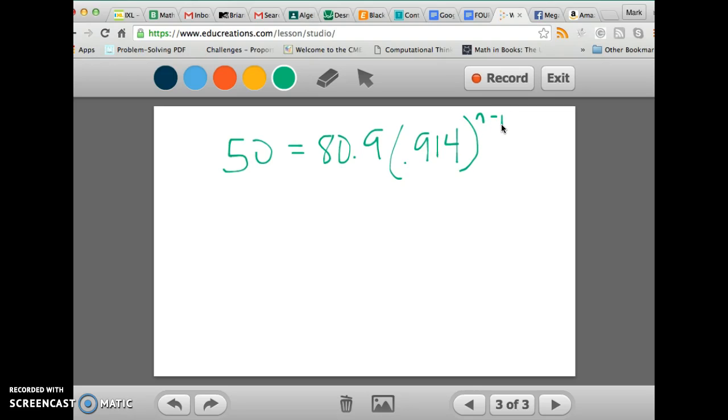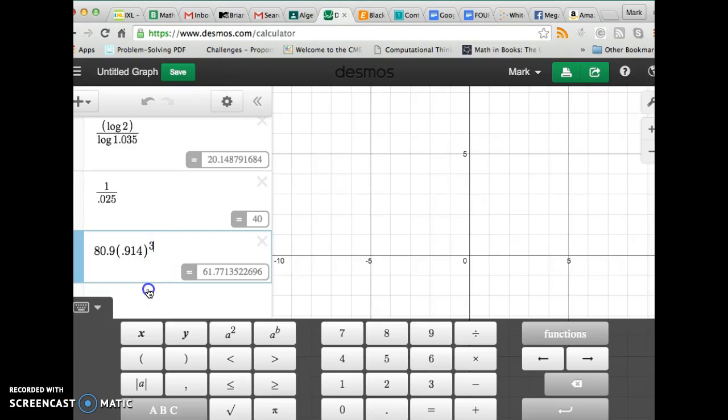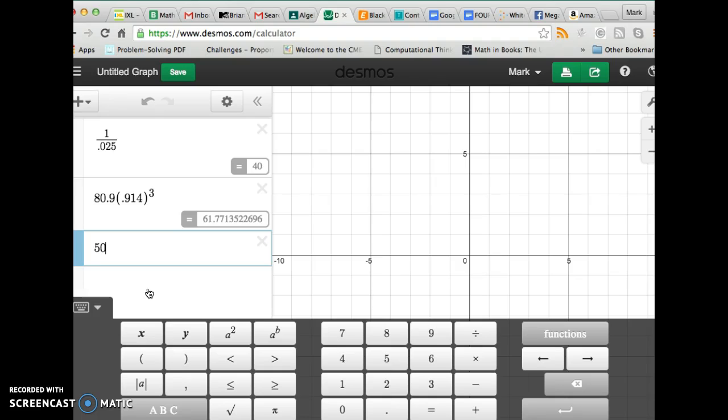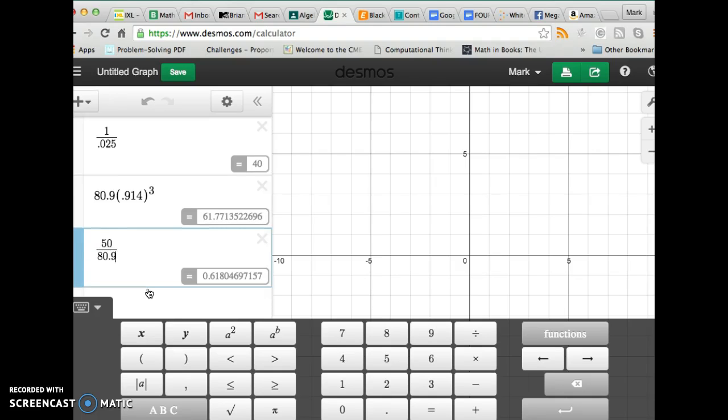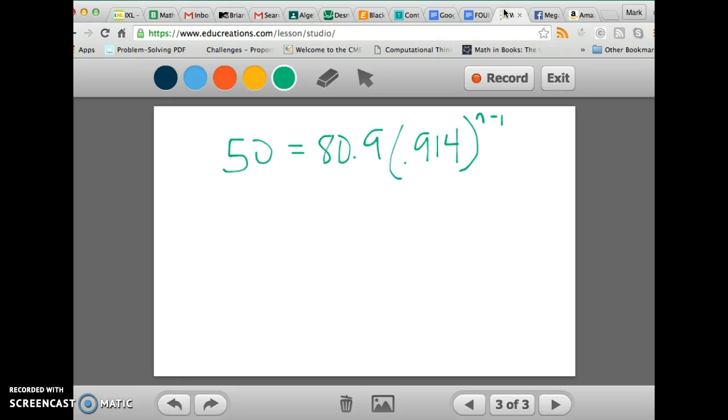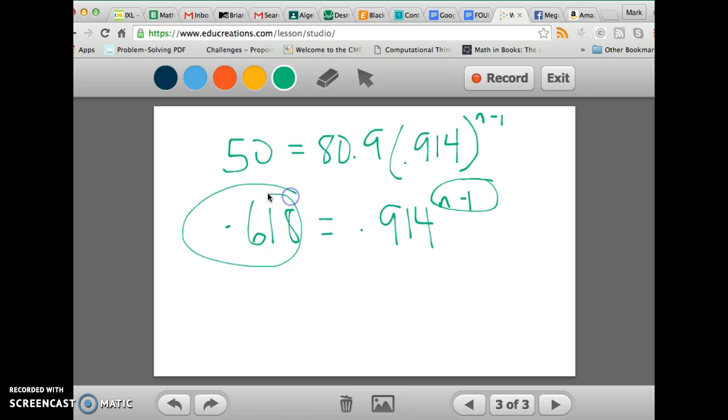We'll divide by 80.9 on both sides and get 0.618. So 0.618 equals 0.914 to the n minus 1 power. So what are we doing here?